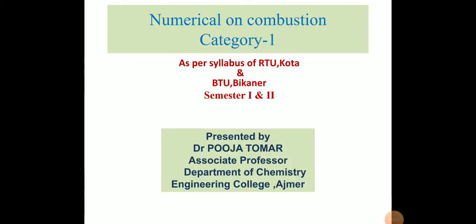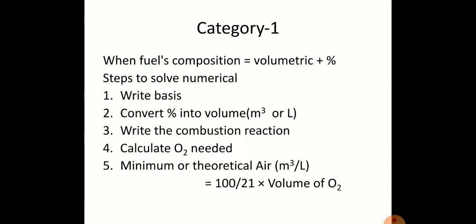This presentation is from Unit 2 Fuel, based on numericals on combustion, category 1. When the fuel's composition is in volumetric form and each component is expressed as a percentage, there are some steps to solve the numerical.